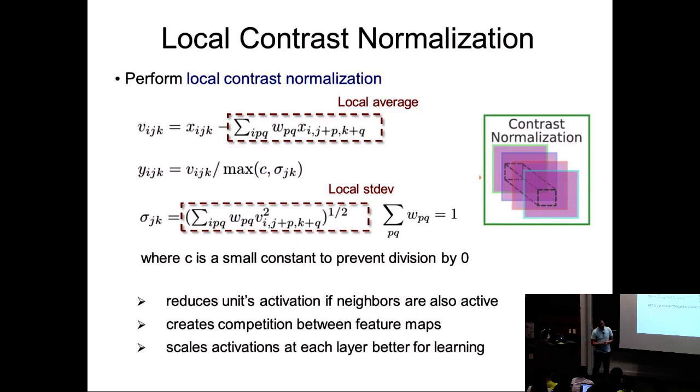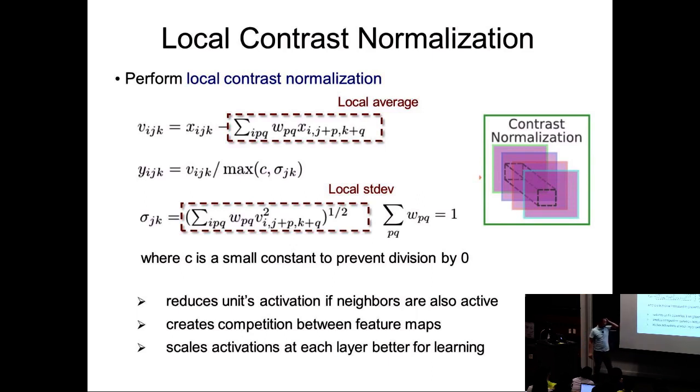You can think of it as kind of putting a Gaussian filter: you have a point, you take a little Gaussian filter, and you normalize with respect to this small Gaussian filter. What you want is to not have one part of the image with high values and another part with small values. I want to contrast normalize everything.